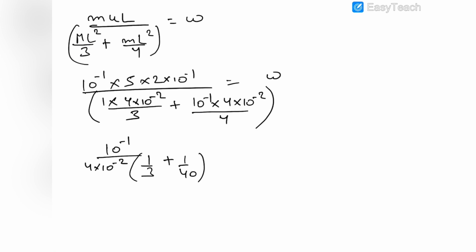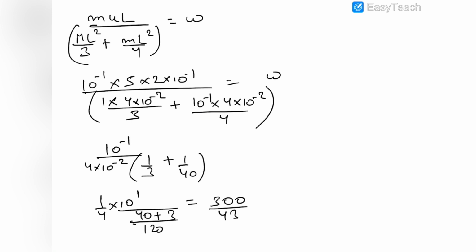Okay, so the LCM would be 120, and it would be 40 plus 3. So finally it would be 120 by 4, which is equal to 30, and this is 300 divided by 43.